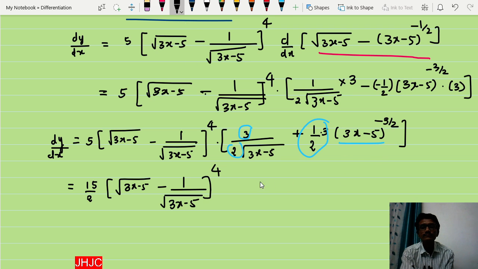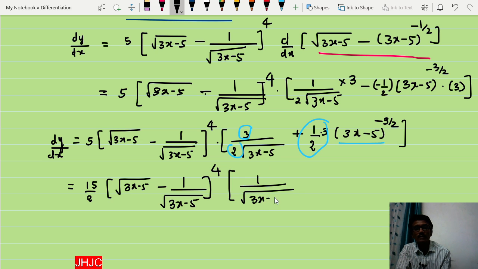We will simplify this: 1 upon root of 3x minus 5 plus 1 upon this raised to power 3 by 2 in the denominator, meaning root of 3x minus 5 raised to power 3 by 2.